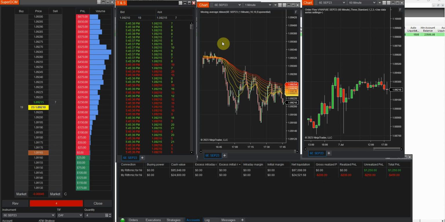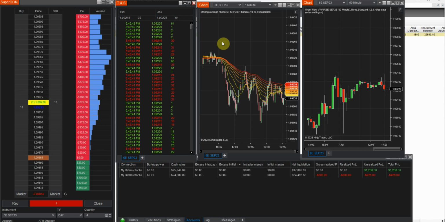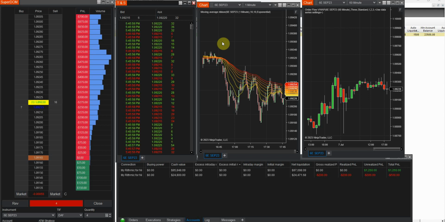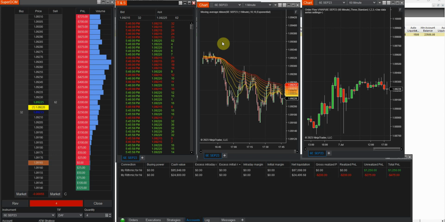So we've got some big players hitting the bid side of the 6E at the moment. Some big ask hits there. We've got a lot of red, but not huge. It looks like they might be soaking up those long orders to hopefully take them short.